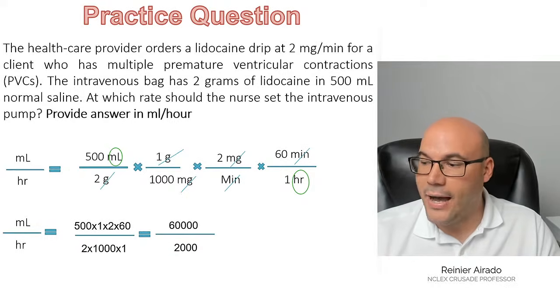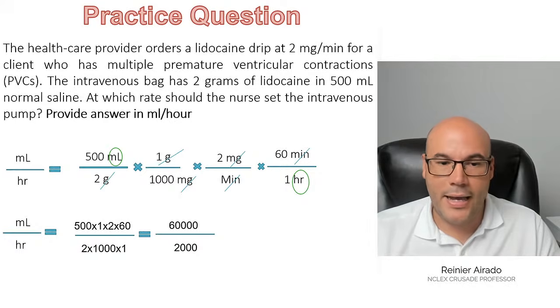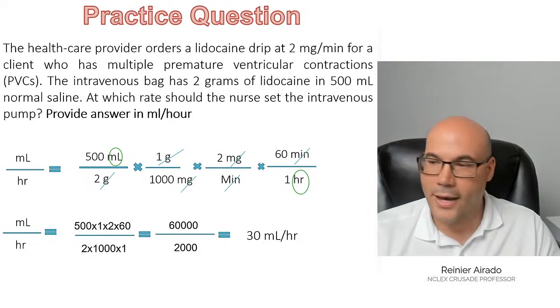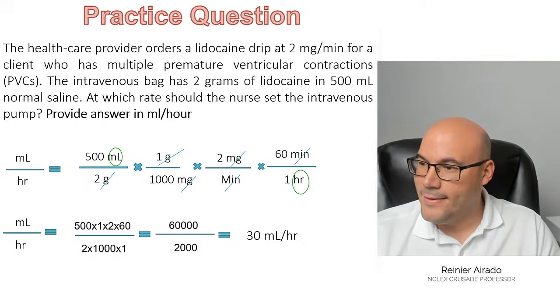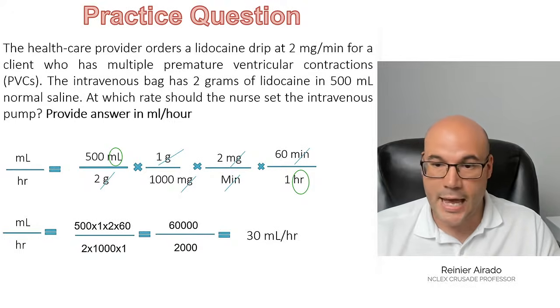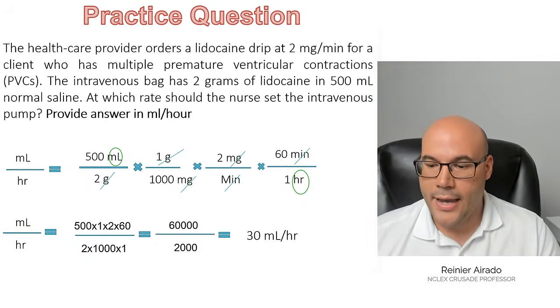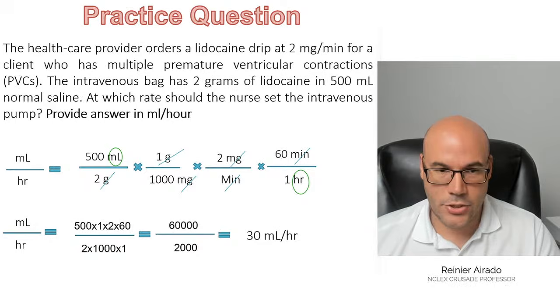Now we will divide 60,000 by 2,000, and that equals 30 milliliters per hour. Okay? In this scenario, it doesn't ask you to round, it doesn't specify any other instruction.